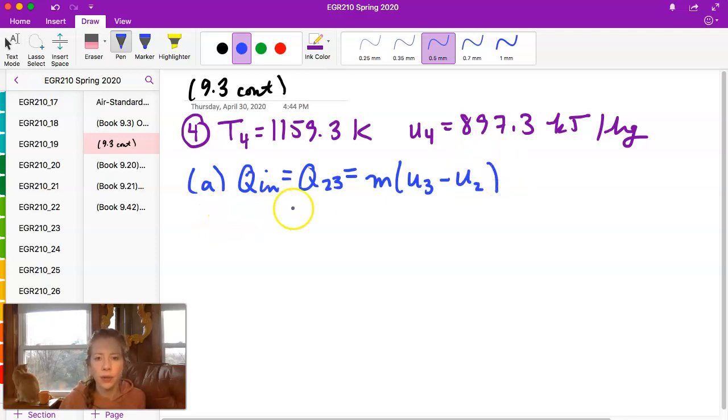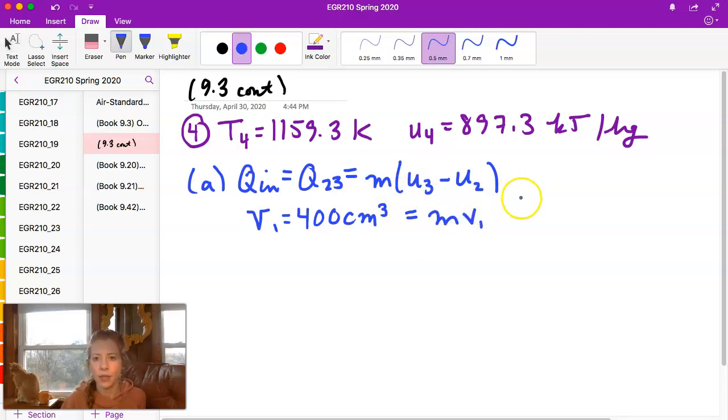And so something that we were given earlier is we were given V1. And from V1, we know that V1 is equal to M times the specific volume.